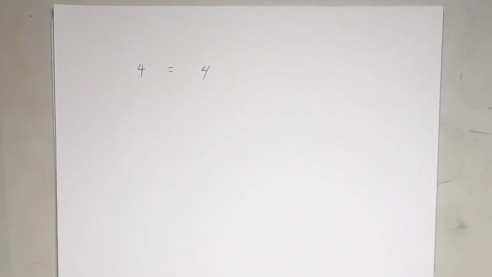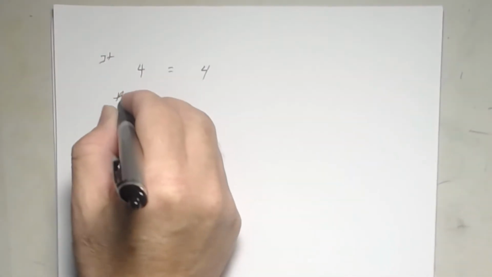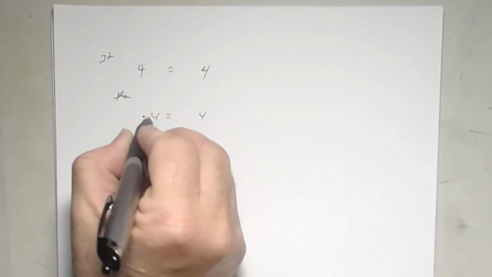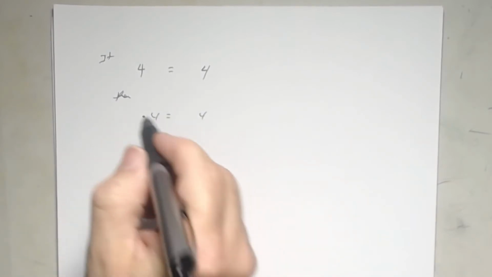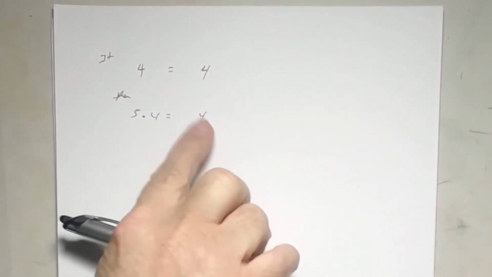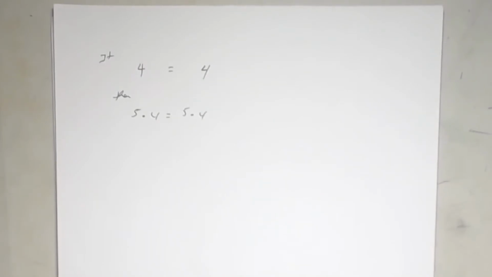So if 4 equals 4, then what if I multiplied this 4 that's on the left side by 5? That's a 20 now, right? So if I want that to still be a true statement, then I better get a 20 on this other side. So I've got to also do what to this other side? Multiply that by 5 as well.